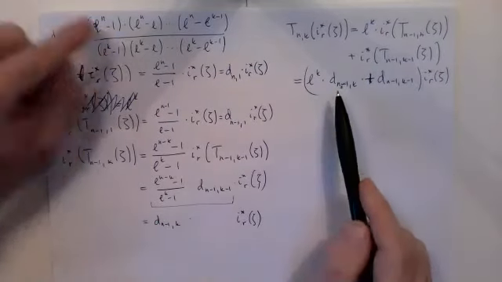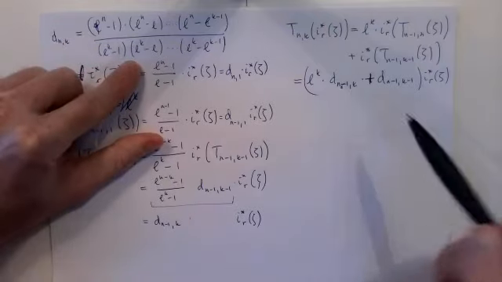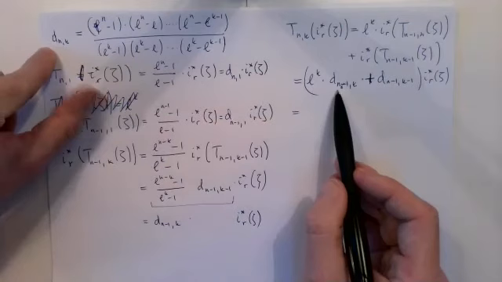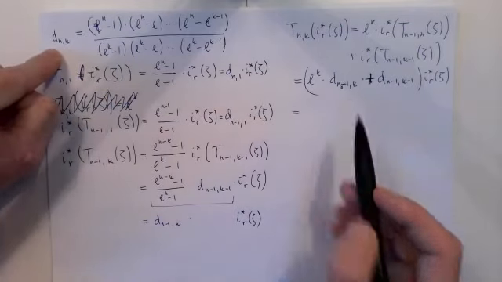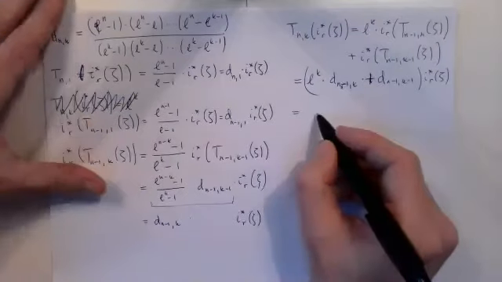And now let's see, let's do this completely, but you will see that this is the same as d_{n,k}.